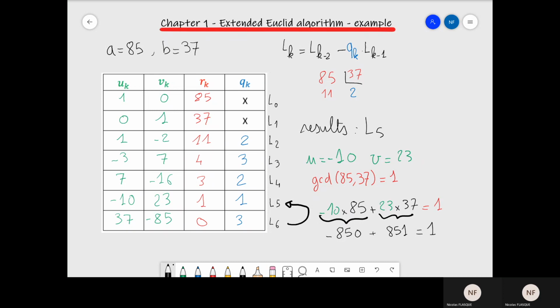And in the Rk column, the values are decreasing so that you can always reach a 0 at the end. So here are a few pieces of advice to check if your calculations are going right or wrong. And if they're going wrong, then you can immediately stop and start again in order to get the values of U, V, and the GCD of the two numbers you're applying this algorithm to.